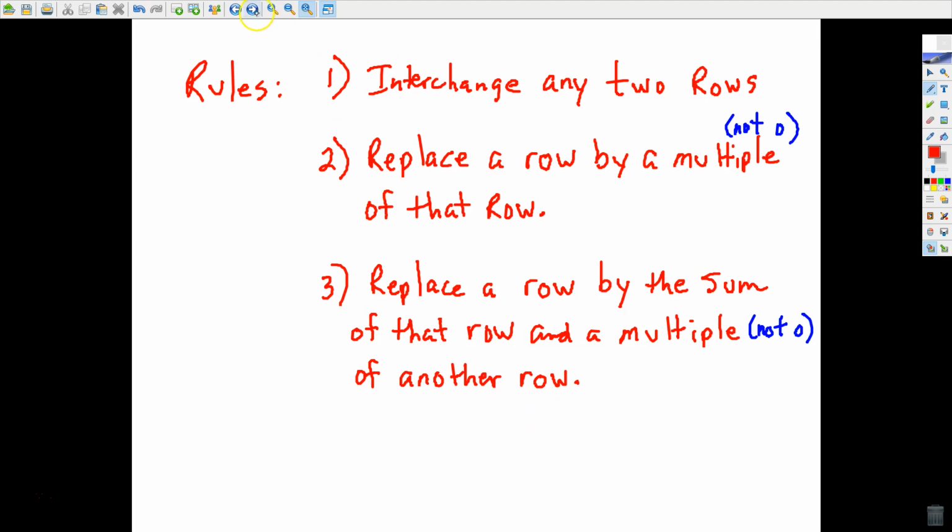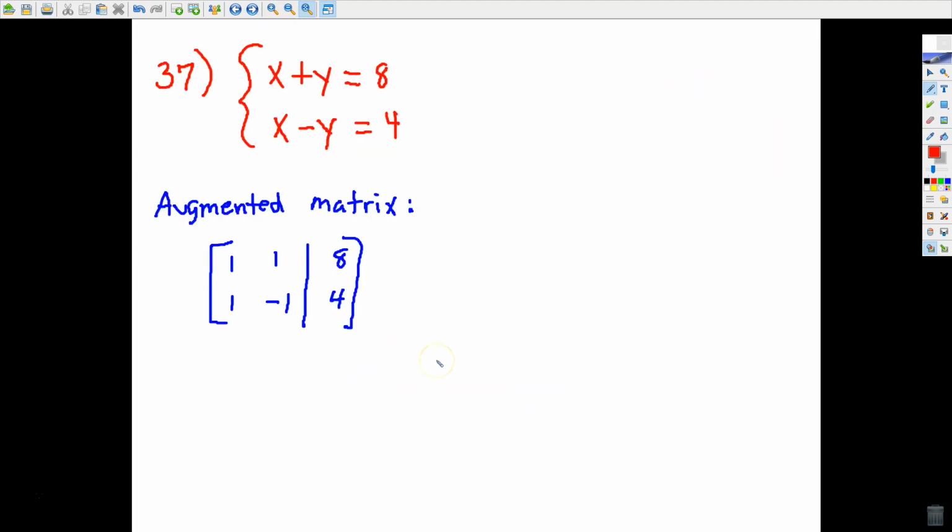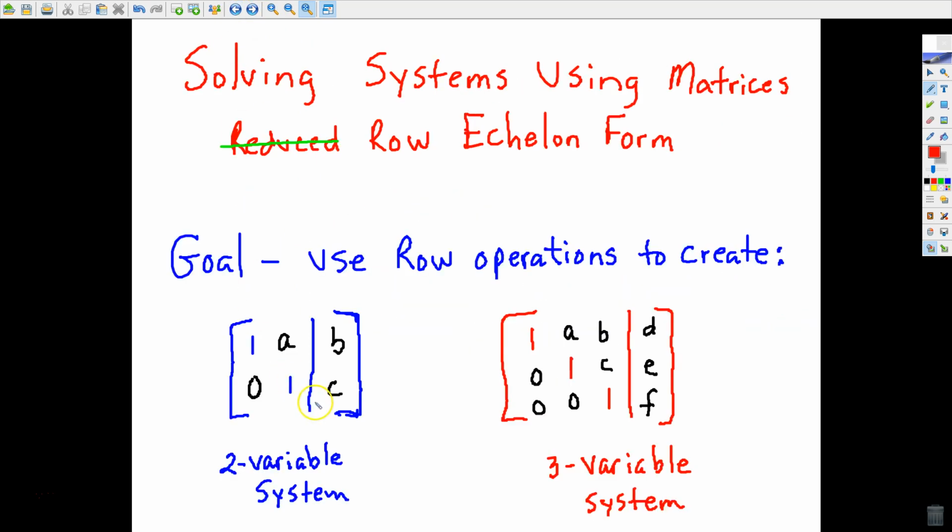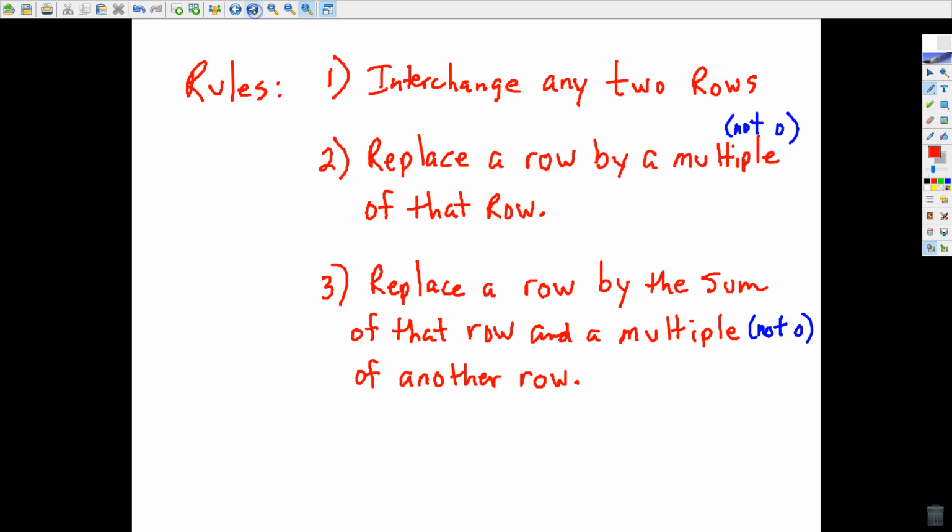Okay, so let me walk you through a couple of examples of how this is going to work. First of all, you're going to be given a system. You need to think of that system as an augmented matrix. So I went ahead and did that for us. Remember, the goal for a 2-variable system is to turn our given augmented matrix into this, using row operations.